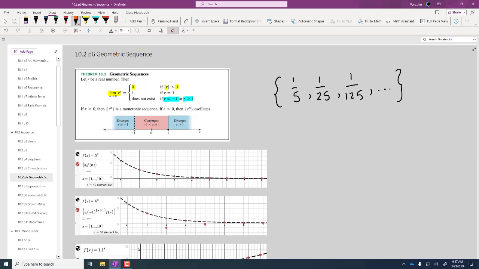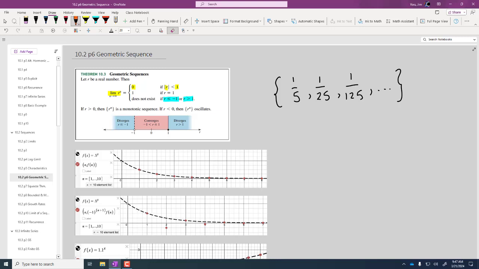S sub 5 would be back to -1. Right. So this sequence of partial sums is going to look like this. And does that sequence converge? No. That sequence does not converge because the terms are not getting arbitrarily close to a single number. They're oscillating. So that's why that series would diverge.